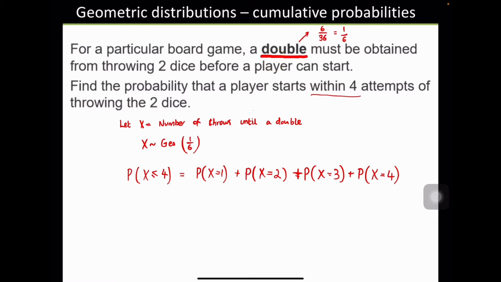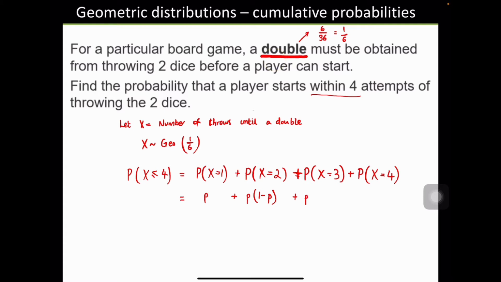If they have achieved a success in their first attempt, then the probability is just p, so 1 over 6. If they have achieved it in their second attempt, they've had the success on their second attempt, but they had a failure in their first attempt. So p multiplied by the probability of failure, which is 1 take away p.